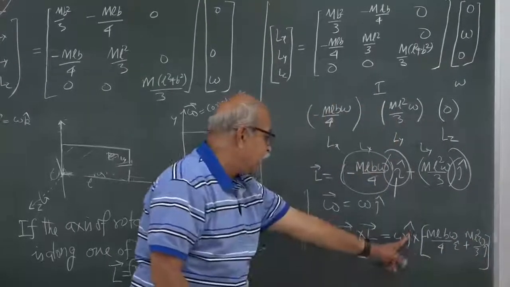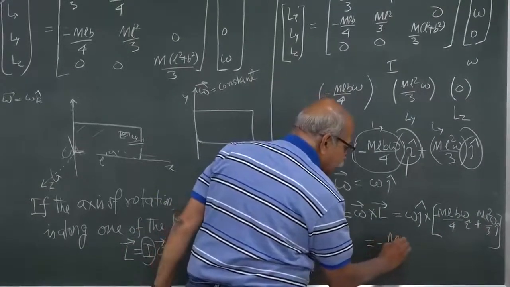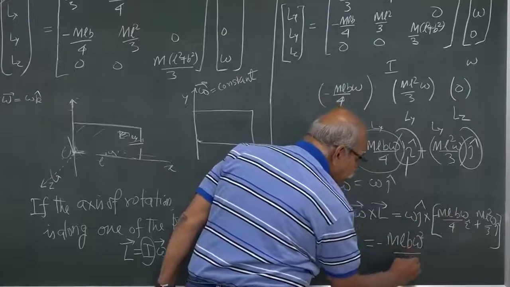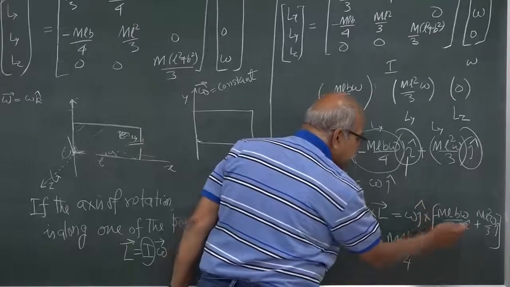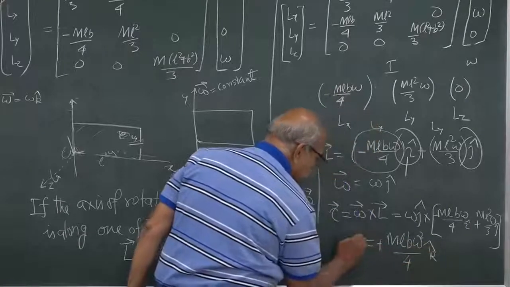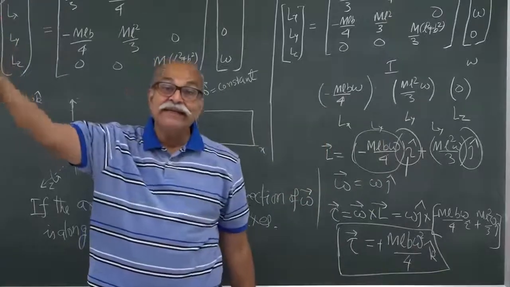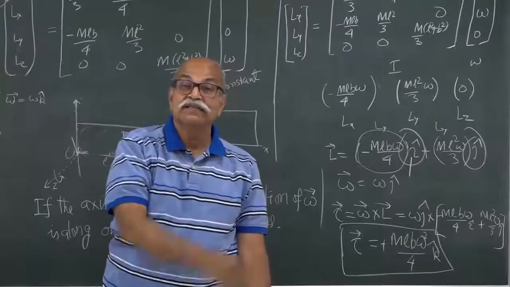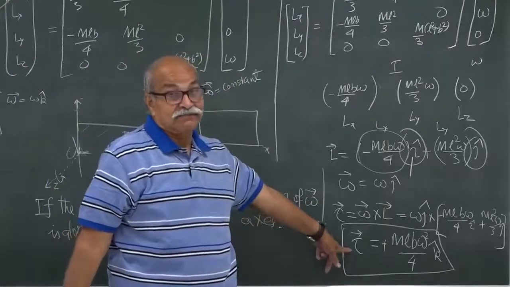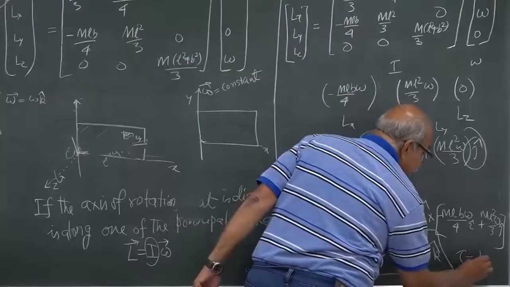Cross product j cap cross j cap is 0. So, you have minus m L b omega square divided by 4, j cap cross i cap is minus k cap. So, plus here and k cap here. This is our torque. To maintain uniform angular velocity of this plate, you have to apply this much torque. So, torque equal to I alpha will not work.